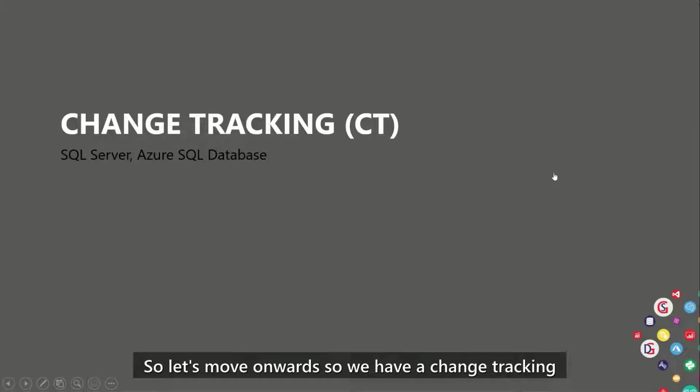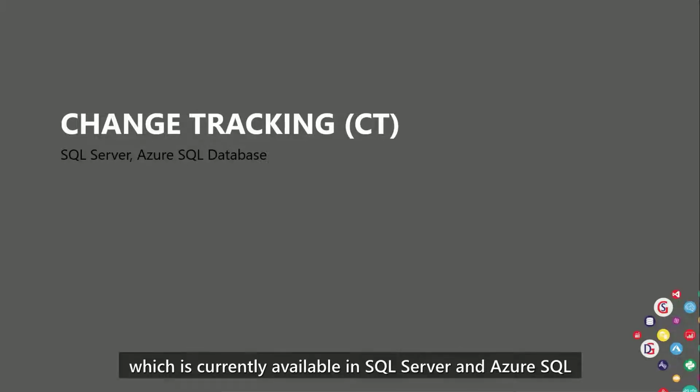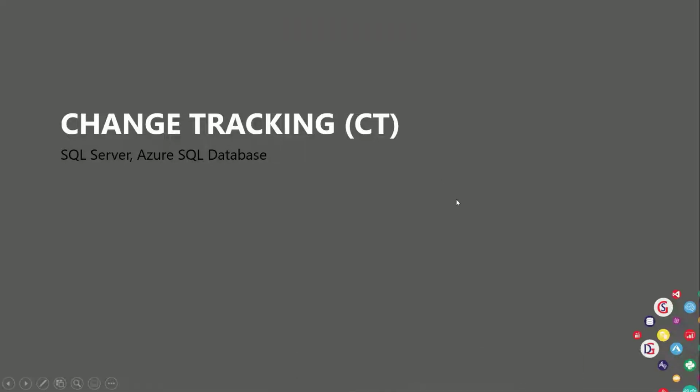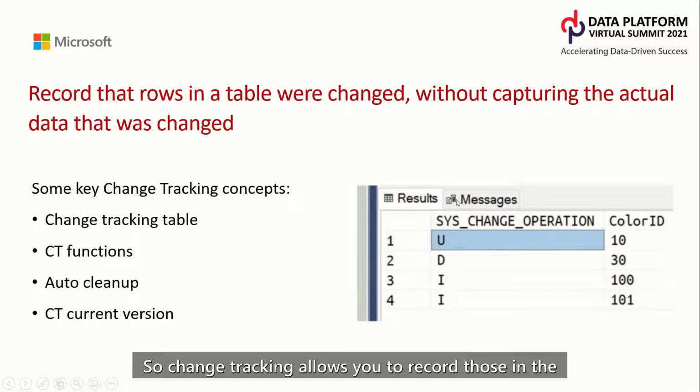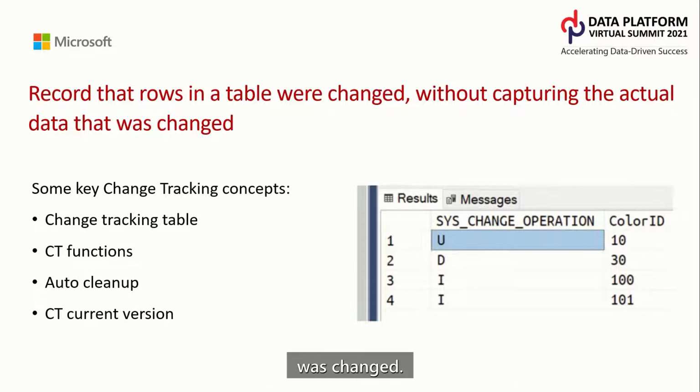So let's move onwards. We have change tracking as well, which is currently available in SQL Server and Azure SQL databases. Change tracking allows you to record the rows in a table that were changed without capturing the actual data that was changed.